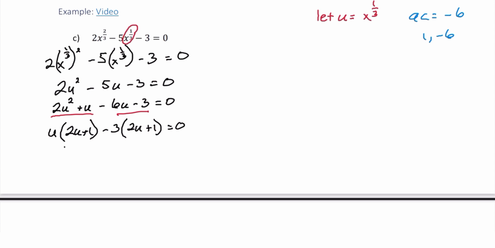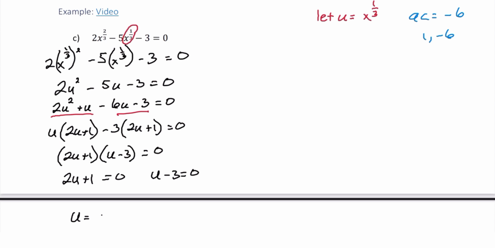Continue factoring. 2u plus 1 times u minus 3 equals 0. Set each of these equal to 0. 2u plus 1 equals 0, and u minus 3 equals 0. We get u is equal to -1/2, and u is equal to 3.